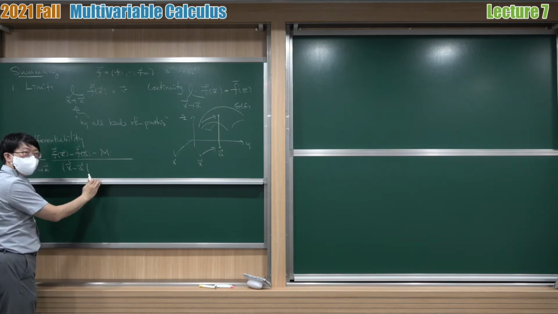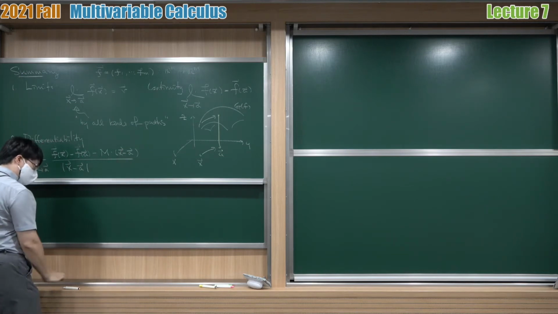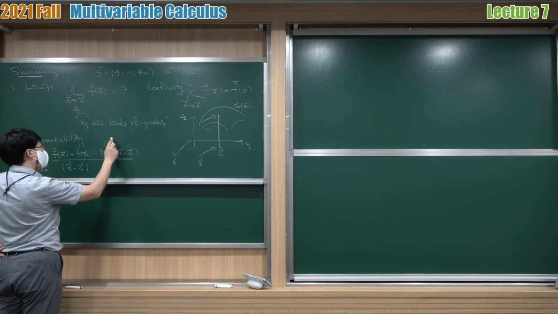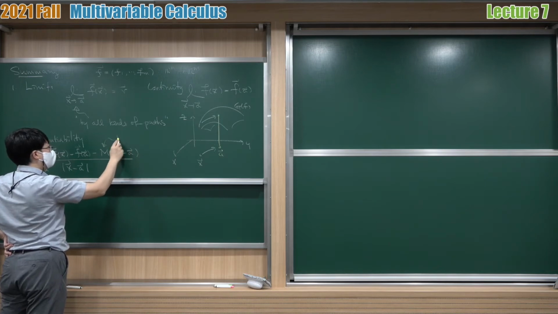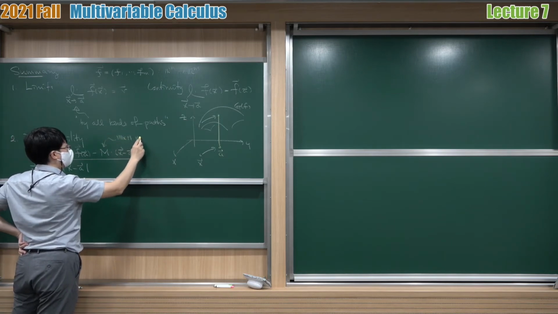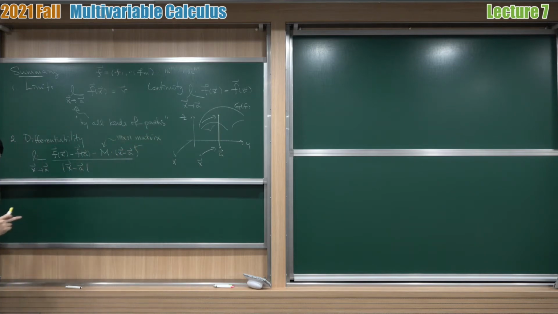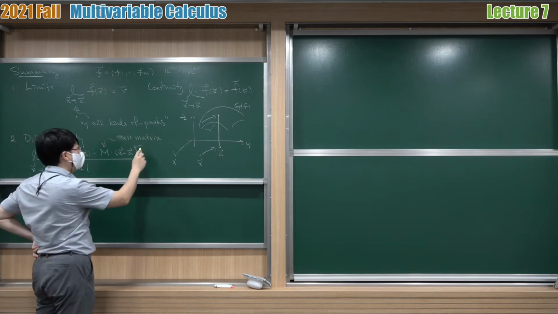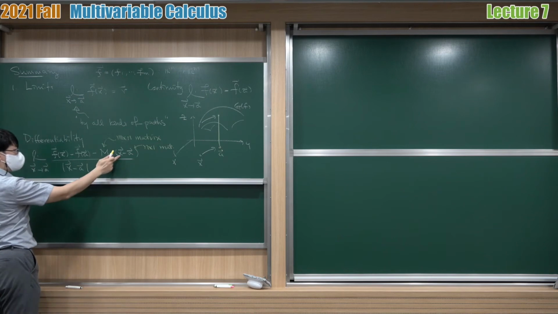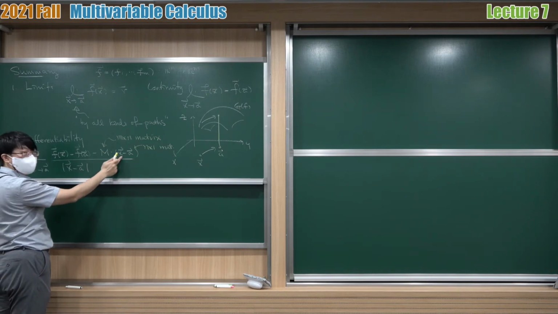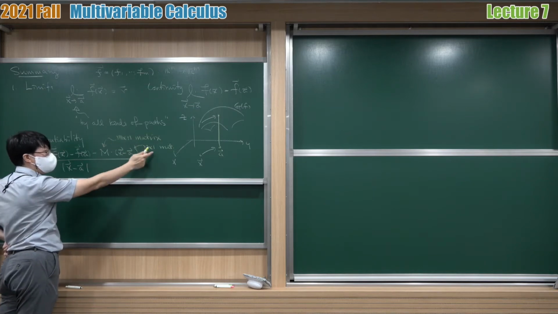Some matrix M times x minus a. And also, I want to point out that this M is an m by n matrix. And this vector, which is an n-dimensional vector, is considered to be an n by 1 matrix. So when we take a multiplication of two matrices, the n cancels out in the middle. We get an m by 1 matrix.